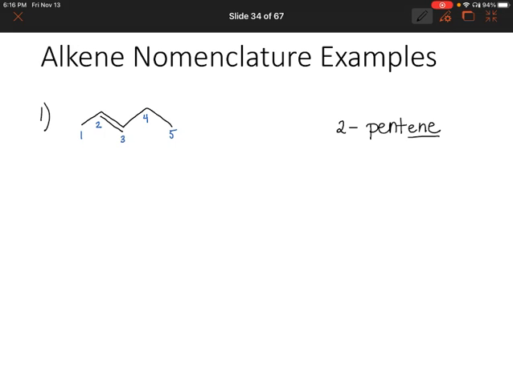And then it doesn't look like we have any substituents, so we just have to figure out if this is cis or trans. Now you could try to assign E or Z to this as well, that works too. But since we do have hydrogens bonded, and those are the same type of group, we can just use cis or trans. All right, so is this a cis molecule or a trans molecule?